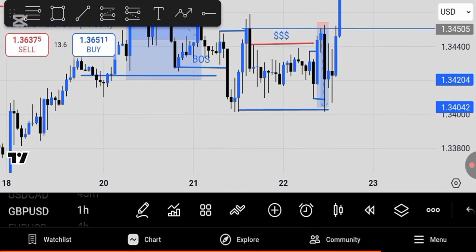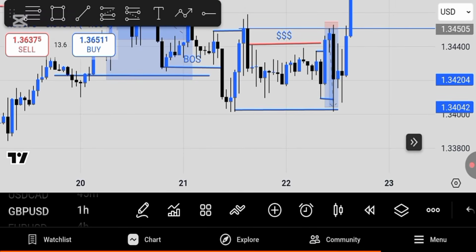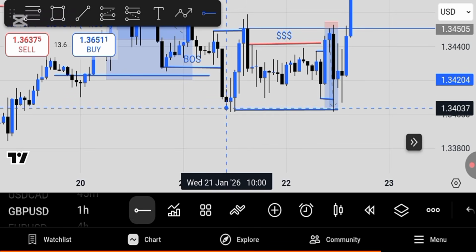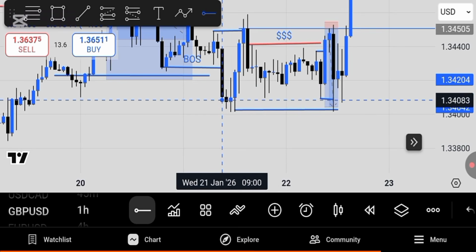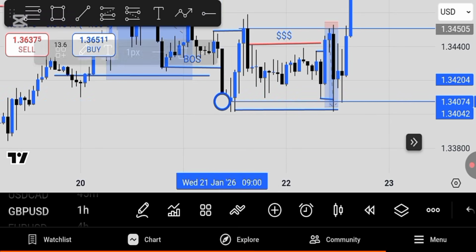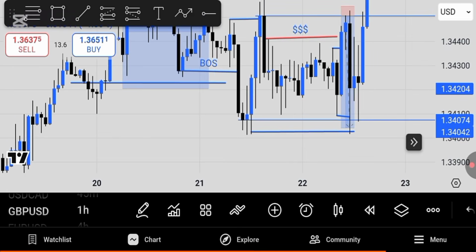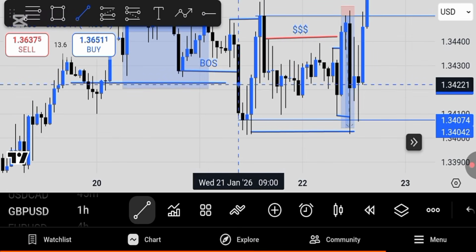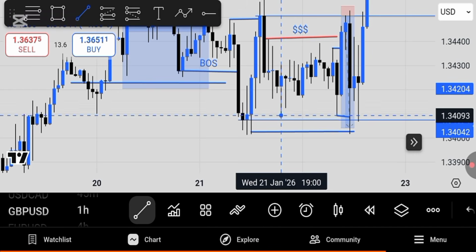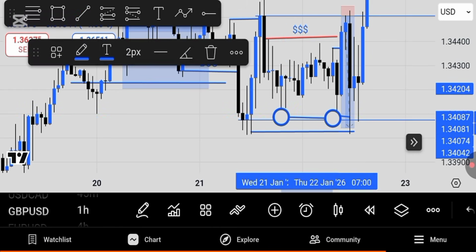Now you can see price rejecting from this zone. That is a 1 hour rejecting 1 hour. Some people can enter from here. You are still correct if you enter from here. If you buy from here, you are still correct.